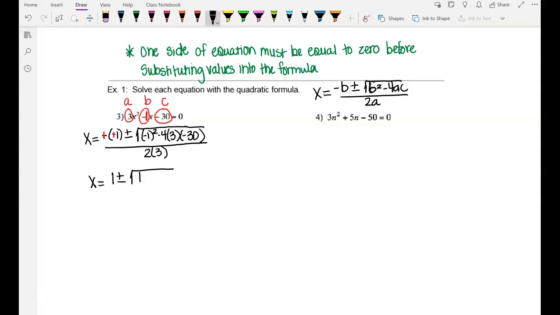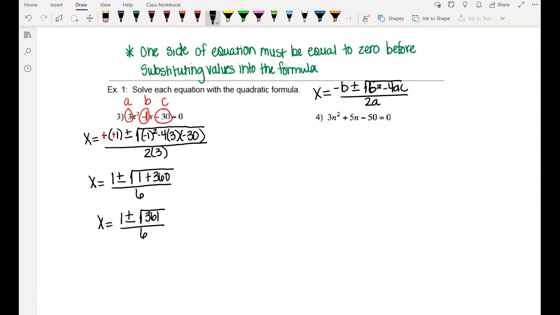Negative 12 times negative 30 is a positive 360, divided by 6. So x equals 1 plus or minus the square root of 361 divided by 6.